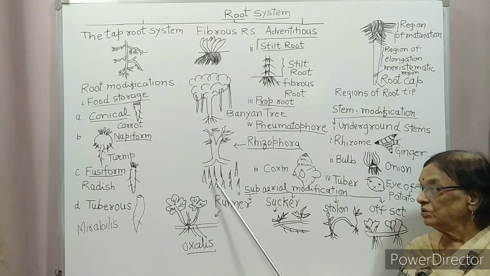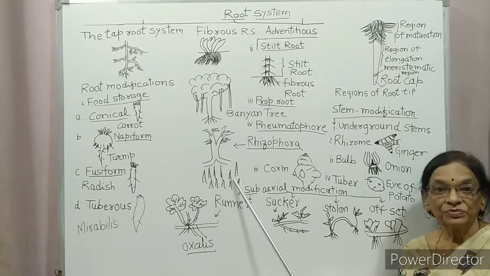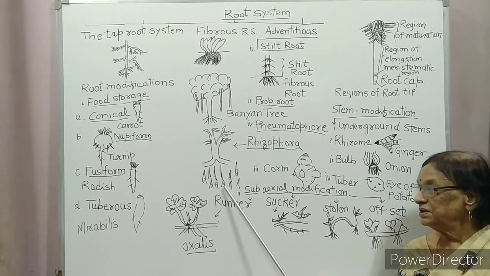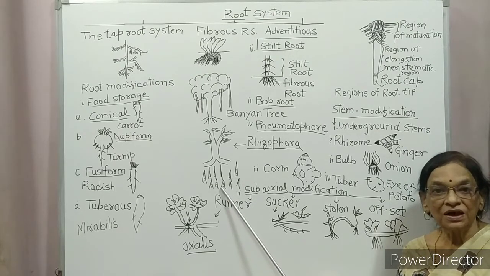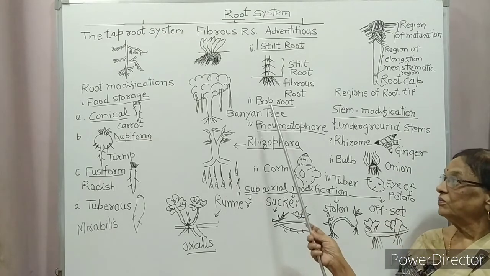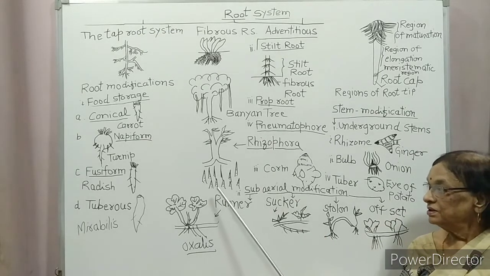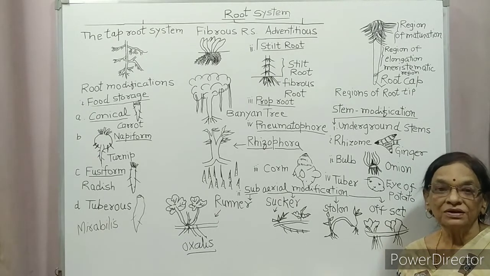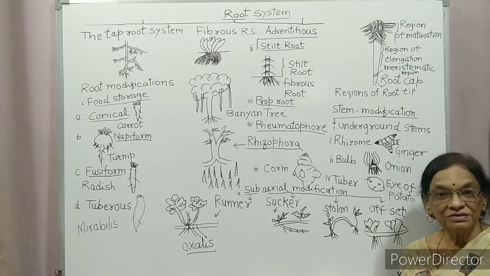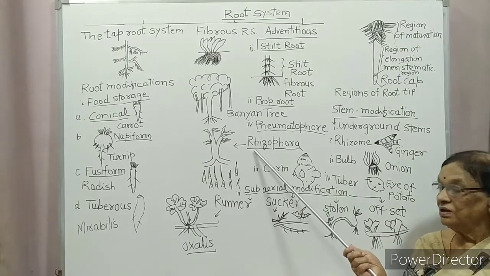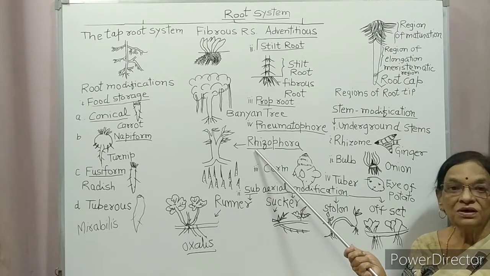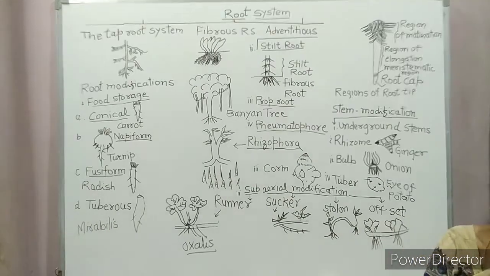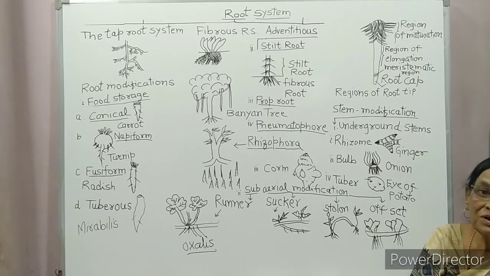So some roots grow above the ground. These roots develop small holes for respiration. Such roots are called pneumatophores, and the holes which they develop for respiration are called lenticels. So rhizophora or mangrove is a group of plants which grows near the seashore where the soil is waterlogged.